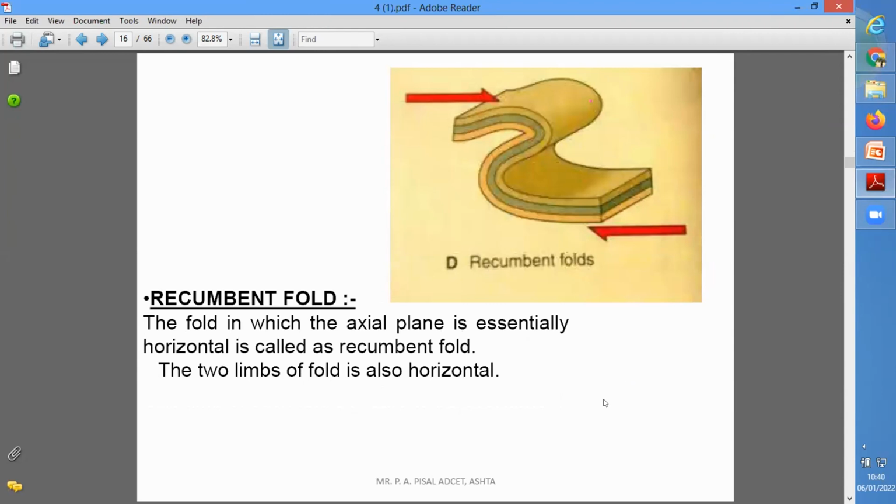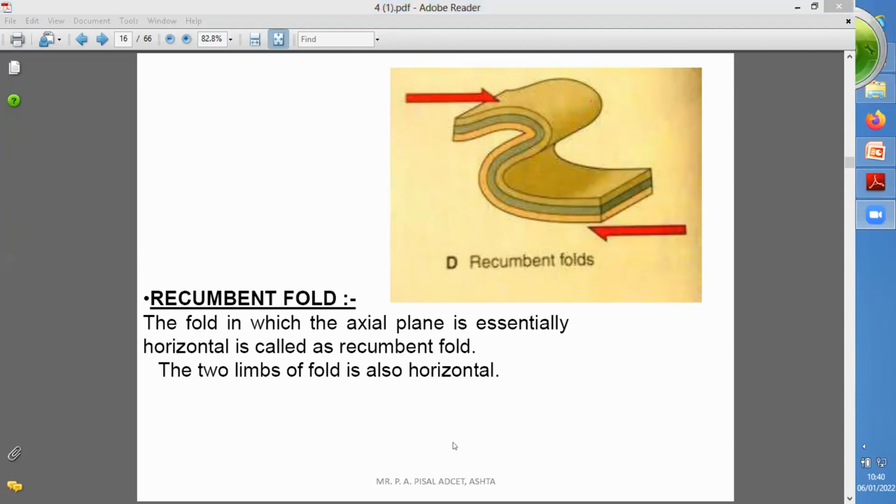Now recumbent fold, the last type of the fold that I'm going to discuss with you. Now what is the meaning of recumbent fold? The fold in which the axial plane is essentially horizontal is called a recumbent fold. Axial plane is horizontal. Now here when you look here, this is the axial plane. Okay, these are the axial planes and they remain horizontal.